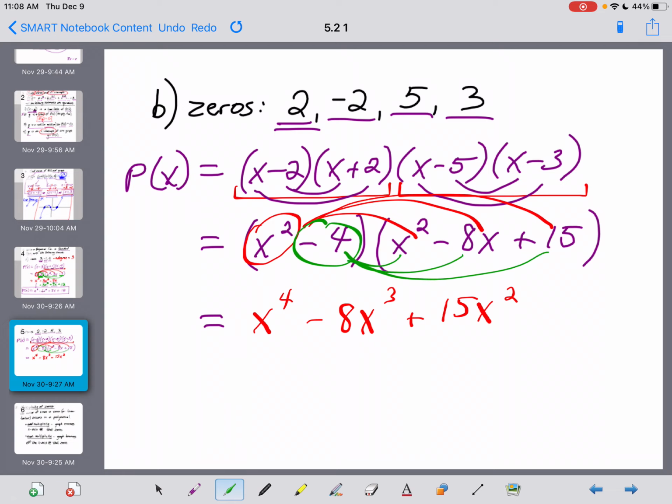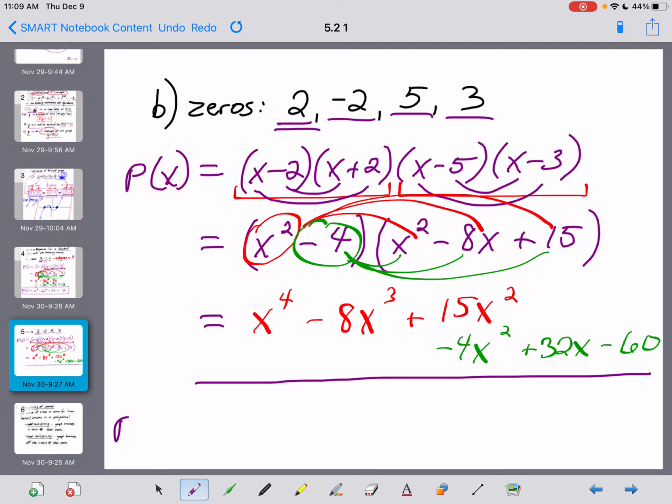That's really important. Negative 4 times x squared is a negative 4x squared, and I'm going to put that here underneath the x squared term. Negative 4 times negative 8x is a plus 32x. I don't have any x terms yet, so I guess that just goes out here by itself. And then negative 4 times 15 is a minus 60. And since there were no constants, that goes on its own too.